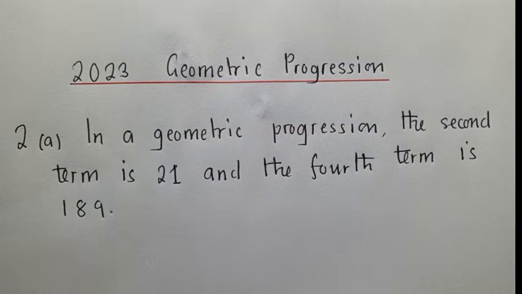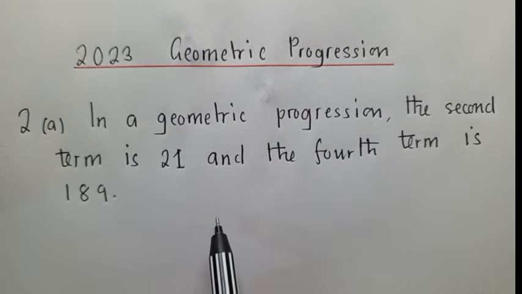In this video, I'll show you how this question was supposed to be answered. This is 2023 GCE question 2A, and it's under geometric progression. The question reads: in a geometric progression, the second term is 21.